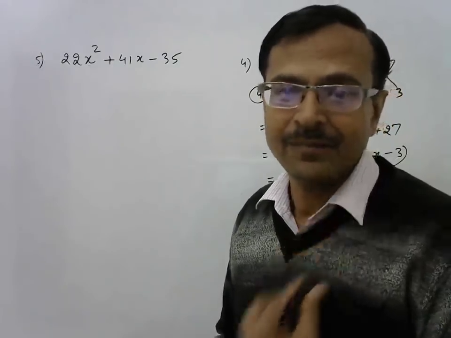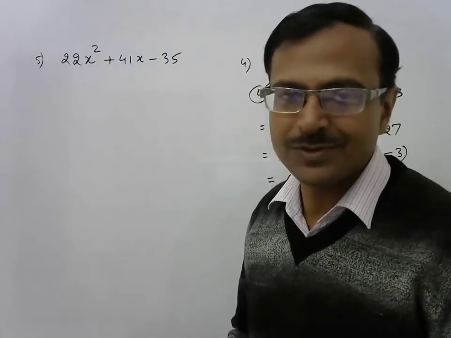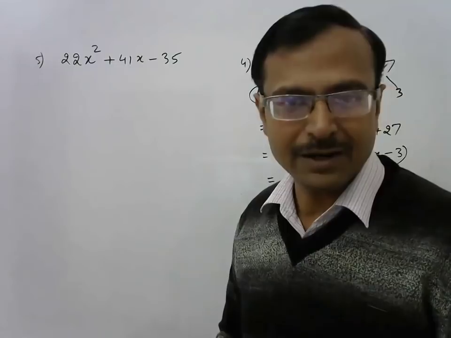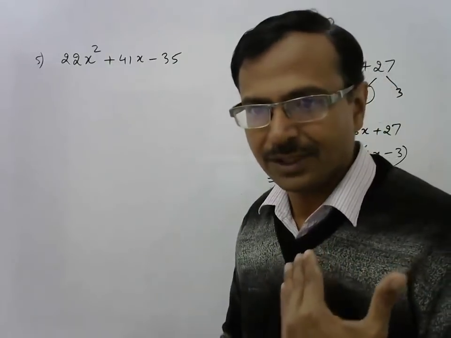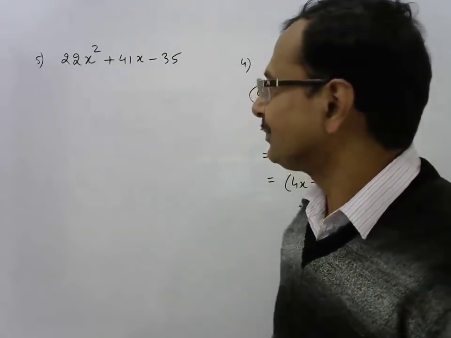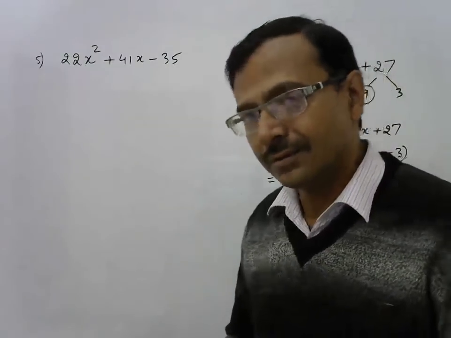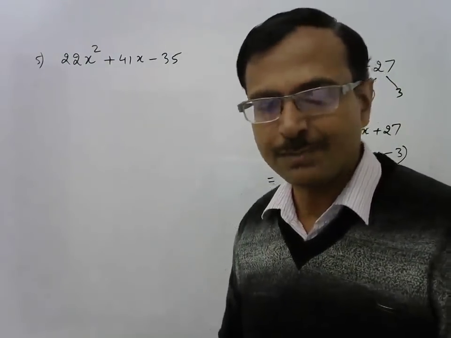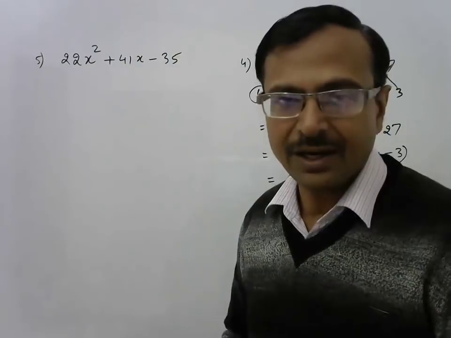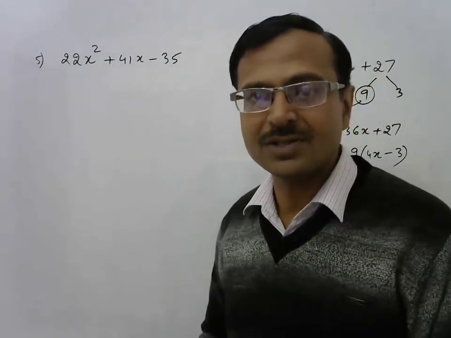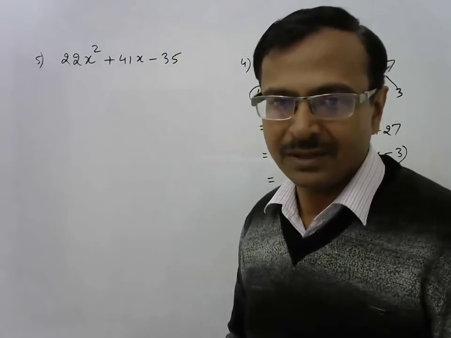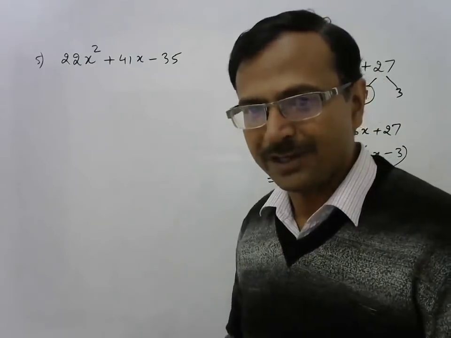And everybody who is appearing in 10 boards, it will be heartening to see that all the basics are clear. A lot of students face problems in factorization, and if the factorization chapter is not clear, then mathematics will be a headache for many.